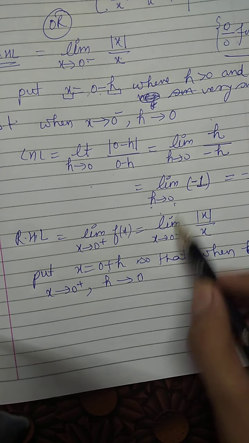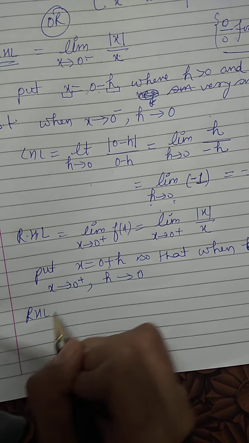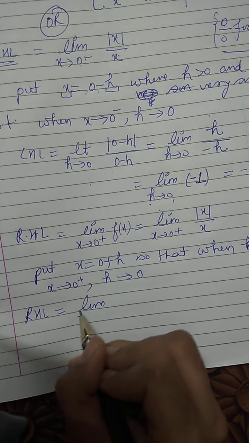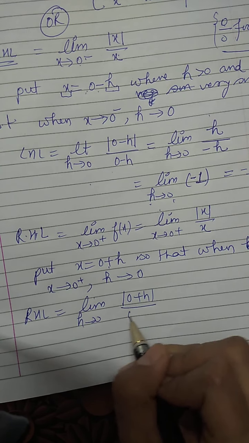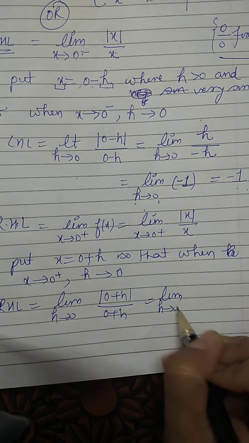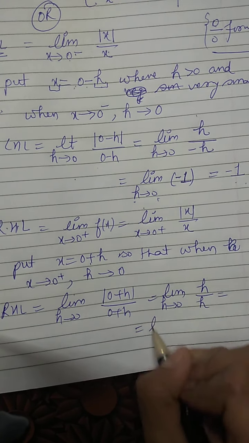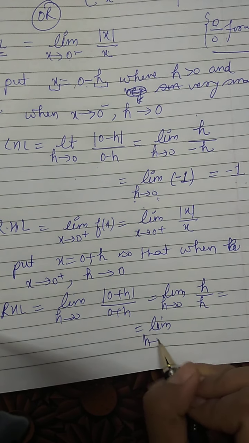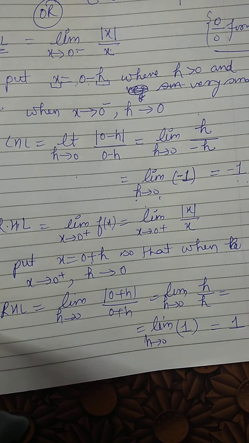This substitution helps us get the answer the easy way. The right hand limit becomes the limit as h approaches 0 of modulus of 0 plus h upon 0 plus h, that is h upon h, which is 1 only. So the limit as h approaches 0 of 1, the answer will be 1.